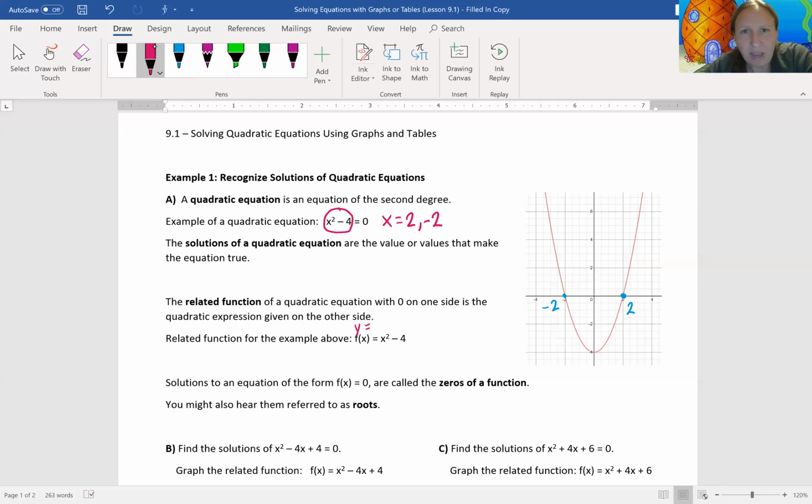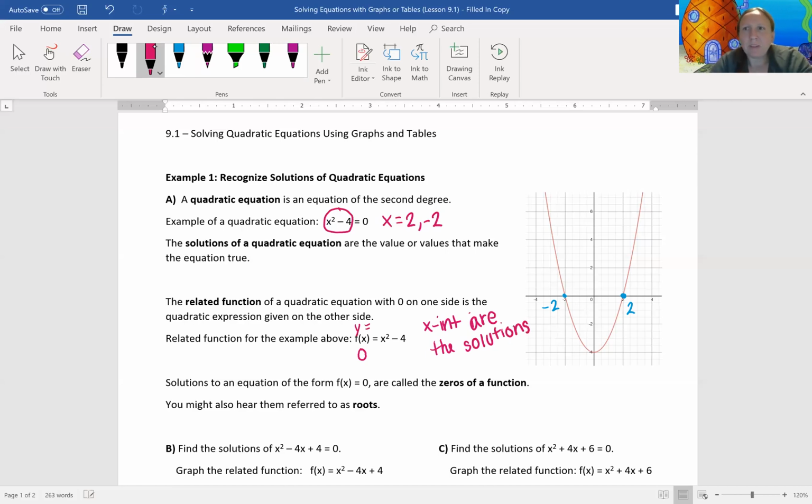Originally it was x squared minus 4 equals 0. Essentially, where the y is in this related function, we had a 0 there. So it's kind of like we plugged in 0 for y. And hopefully you're thinking, with what we've learned, when 0 is the y, that's the x-intercept. So when you have a graph of that related function, the x-intercepts are the solutions of that original equation.